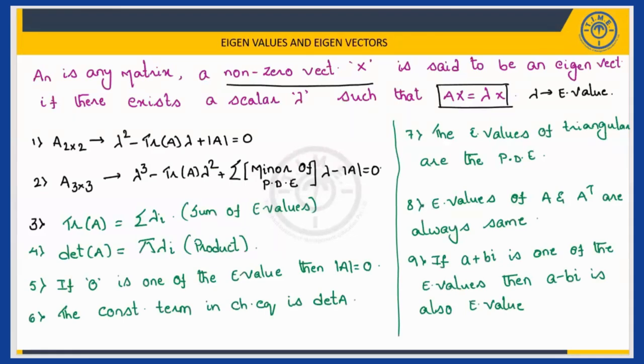Right. Now again, this is the 10th property. The eigenvalues of symmetric or Hermitian matrices are always real numbers.